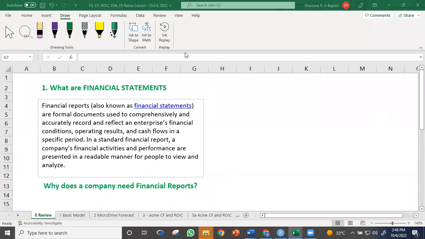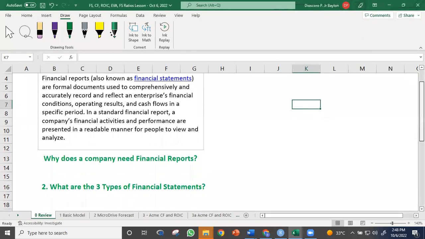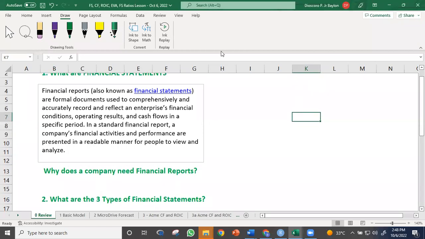Why do you think companies need financial reports? Anyone?